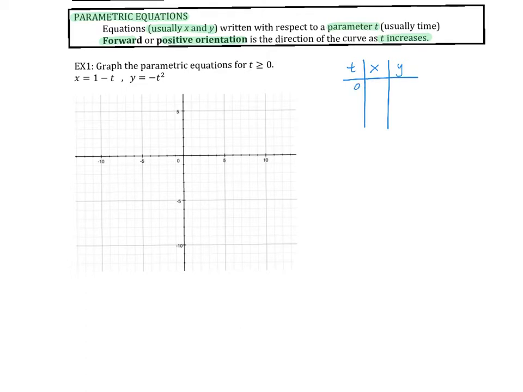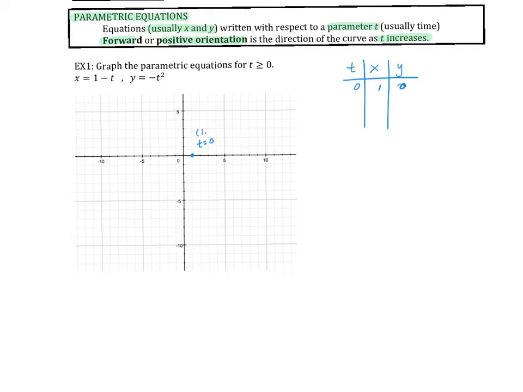So if t is 0, my x value is 1 and my y value is 0. So on my graph, I'm going to plot the point x is 1, y is 0. So that would be when t is equal to 0. The coordinate is the x and the y value.